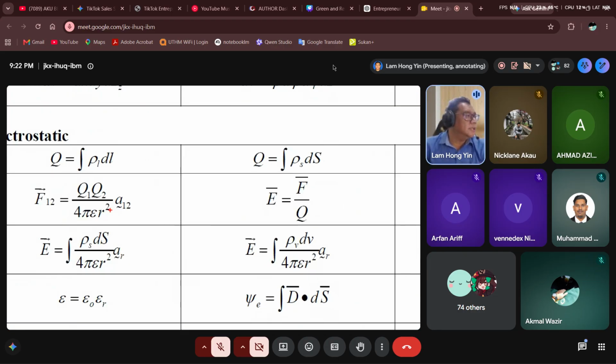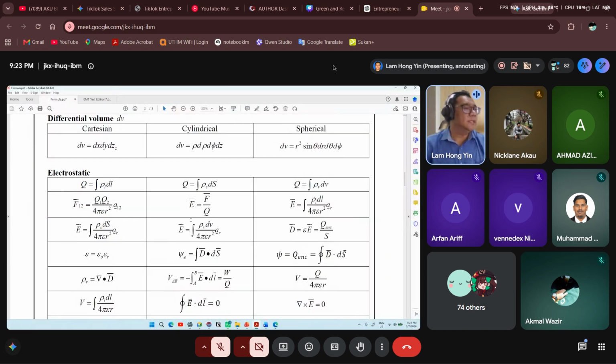And then this is the formula for Coulomb's law, which I just showed you, and you relate Coulomb's law to the E field intensity by dividing the force by the charge. All right. So these are all the things that I introduced to you.